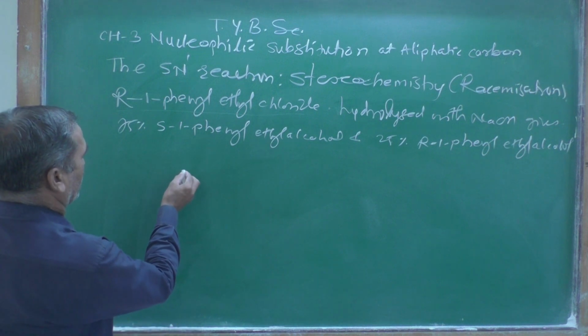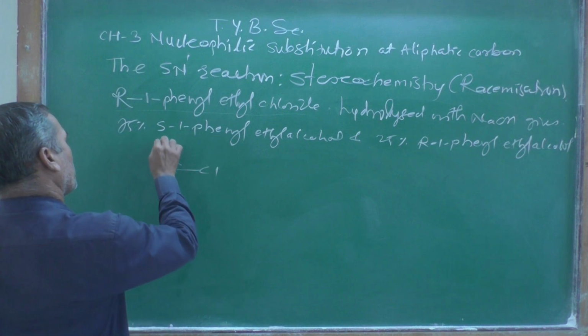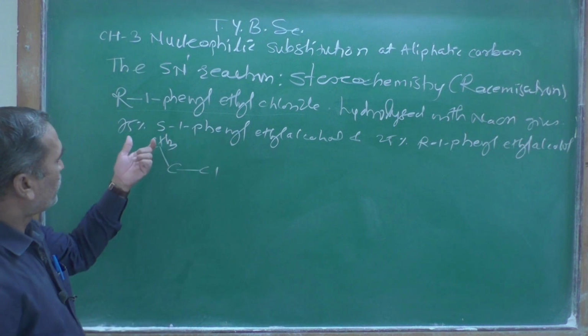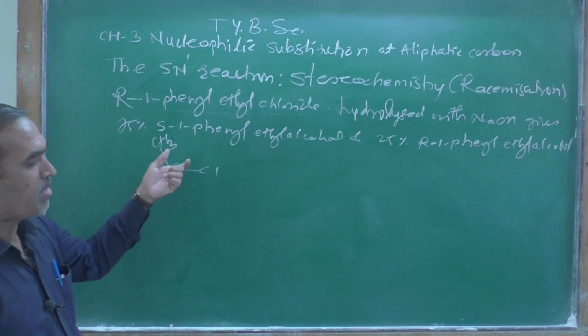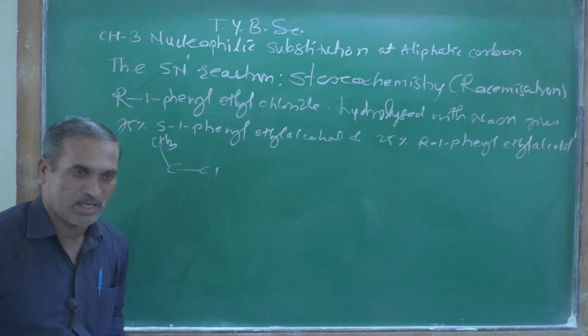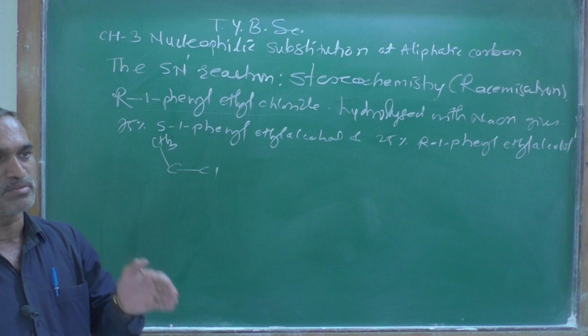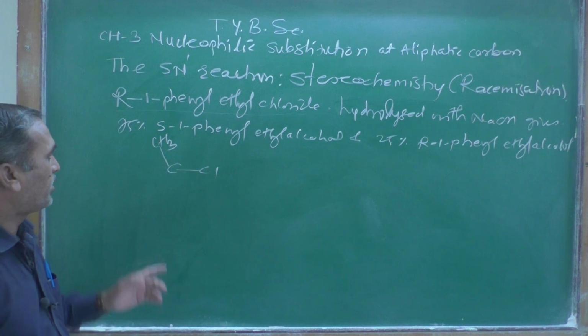Let us see here. Suppose we have this Cl and I am showing this CH3, the methyl group, the carbon atom and the chlorine atom by normal lines. It clearly indicates that these three atoms are present in the same plane.